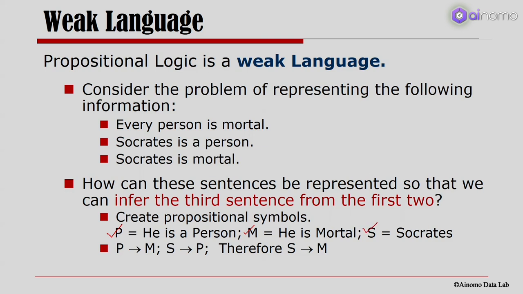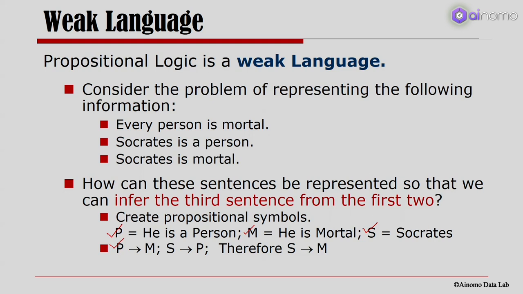The first statement, every person is mortal, roughly could translate into if P then M. This is exactly not the statement that every person is mortal. What this statement is saying is, if somebody is a person, then he is mortal.